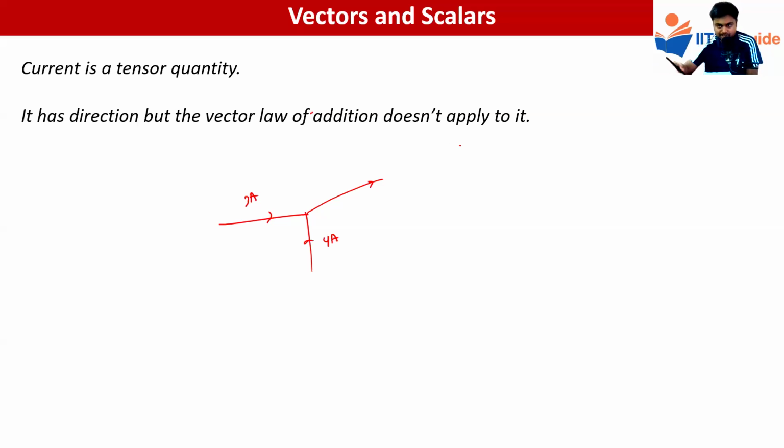Current coming inside a junction is going to be the total current which is going outside the junction. So here it must be 7 ampere. Now here we don't tell, okay, this is 3, this is 4, so it's perpendicular, so therefore it should be 5 ampere. No, it's 7 ampere. So the vector law of addition doesn't get applied to it. So therefore current becomes a tensor quantity. Does it make sense? Yes or no?